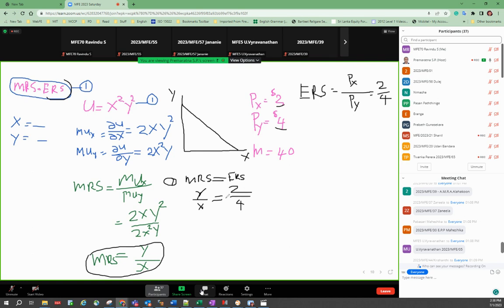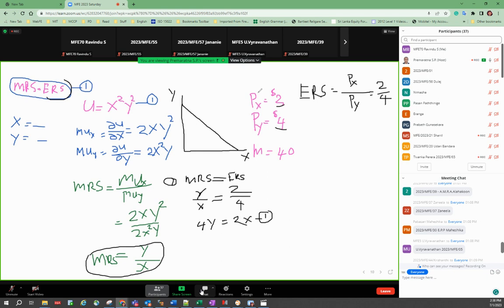So cross multiply, this 4y equal 2x. So from this first order condition, you reach this point, 4y equal 2x, or another one, 2y equal 1x. Now these are two unknowns, y and x, then you need another equation.